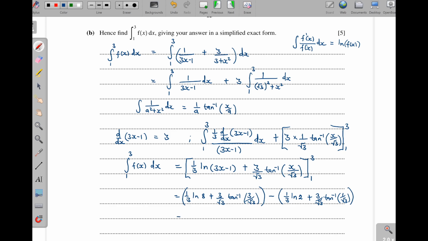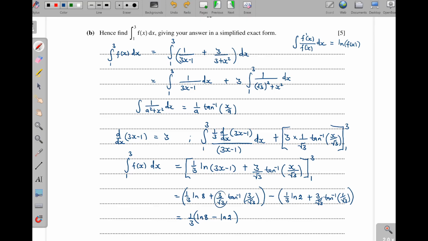Then here I can even take this one up here, or I can leave it as a third, then natural log of 8 minus the natural log of 2. Okay, because I can see a third here and then a third here, so I can factorize it.